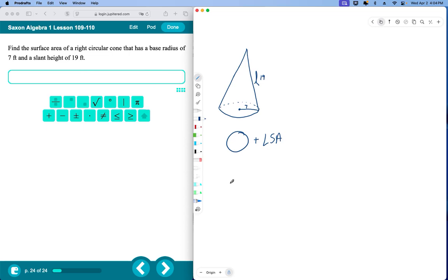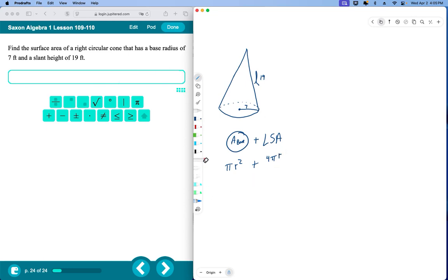So area of the base is a circle. So that's going to be pi r squared. And the lateral surface area is going to be 4 times pi times, is that right?